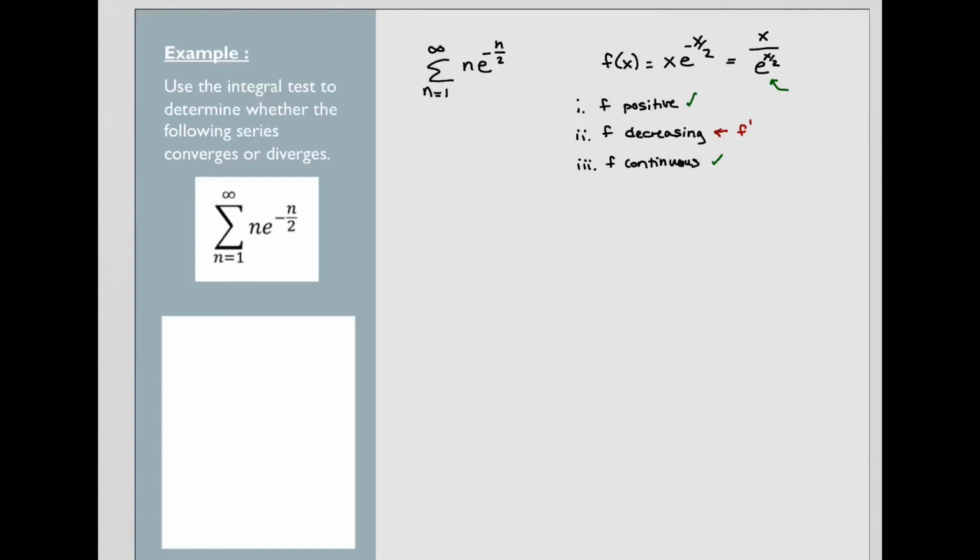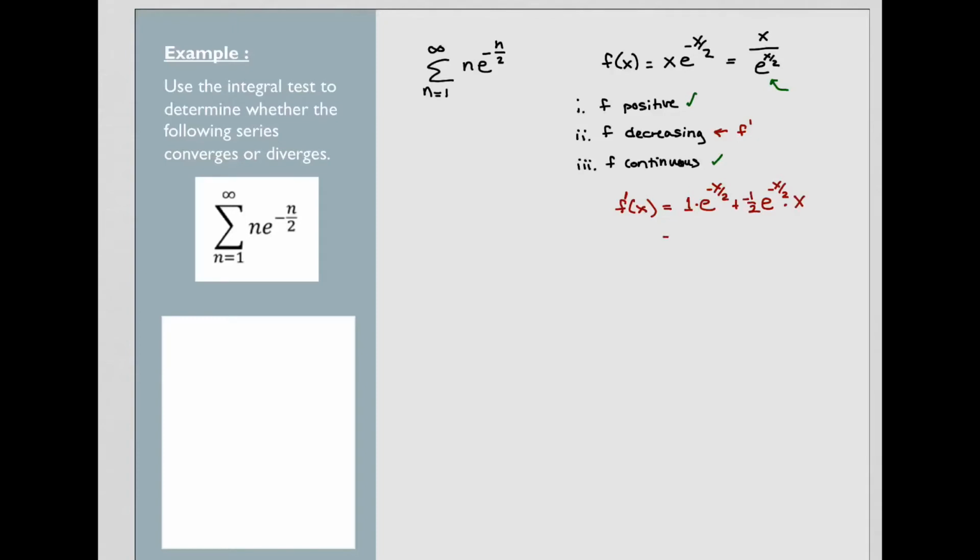So if we want to take the first derivative of f of x equals x times e to the negative x over 2, I'm going to apply the product rule. And the product rule says, take the derivative of the first times the second plus the derivative of the second times the first.